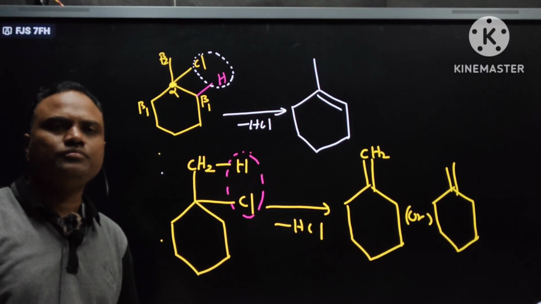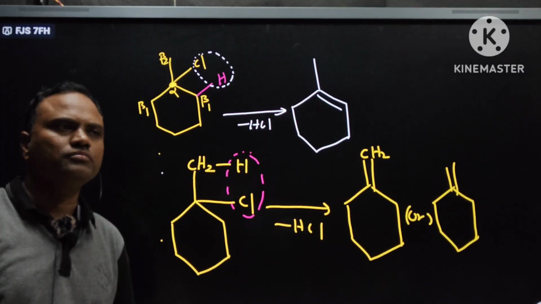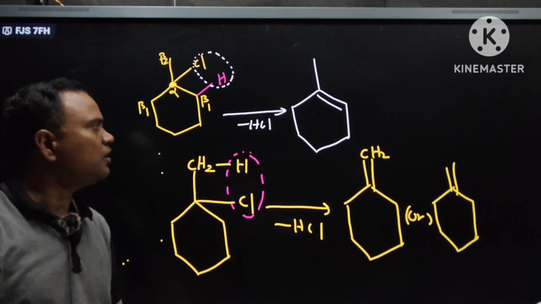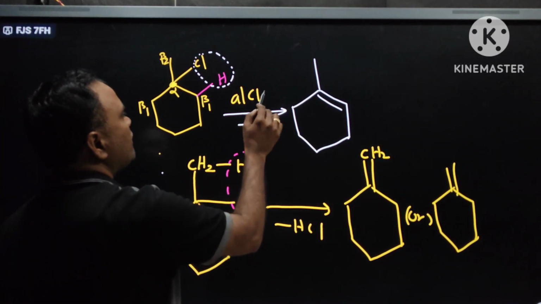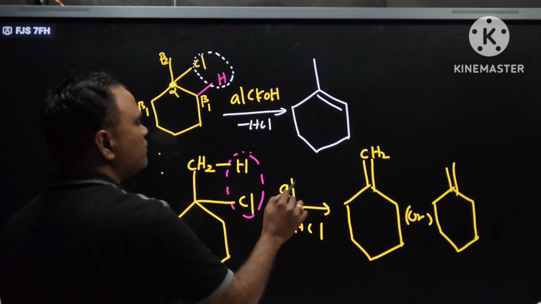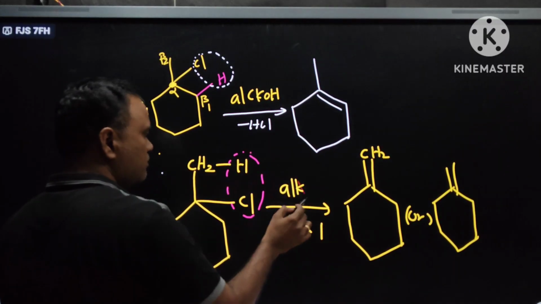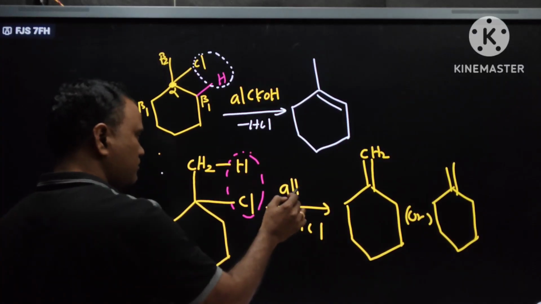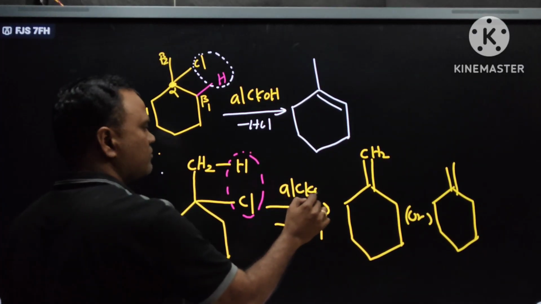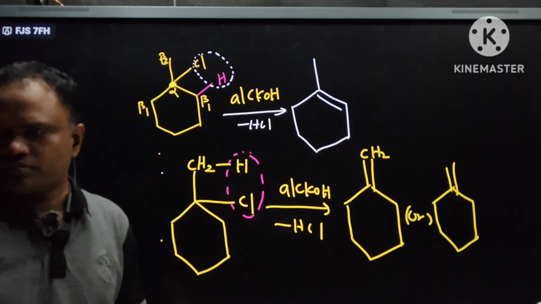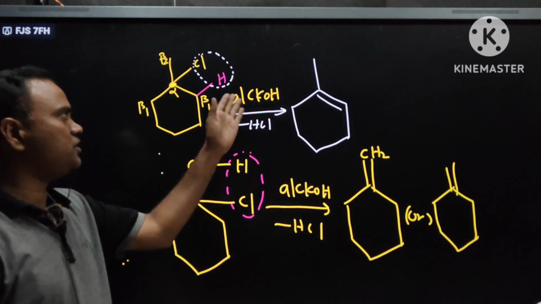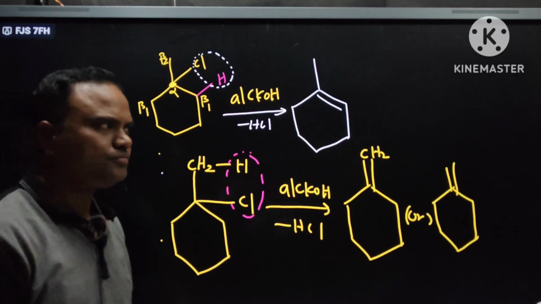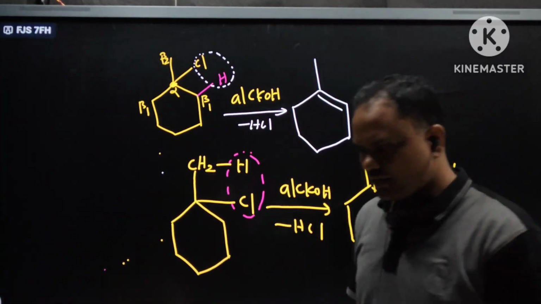We are removing HCl. You are adding alcoholic OH. What is the role of alcoholic OH? It removes. We are doing elimination. We are removing H and Cl. For that we have to use one reagent. What is that reagent? Alcoholic OH. I have given the mechanism also, right?